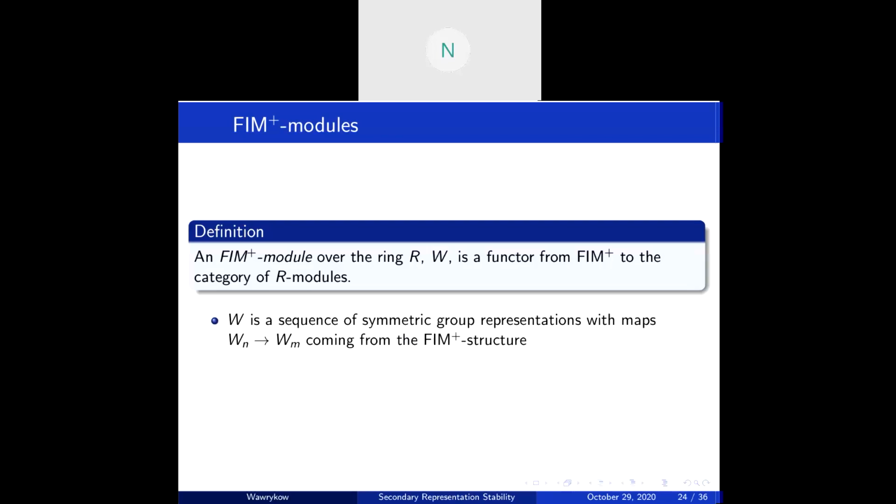So the endomorphisms, again, have to be the same thing as the symmetric groups. So we can see any FIM+ module is going to be a symmetric group representation. And the only maps we're going to consider now are from sets of the same parity. So this map from N to M is only going to be interesting if the sets N and M have the same parity.